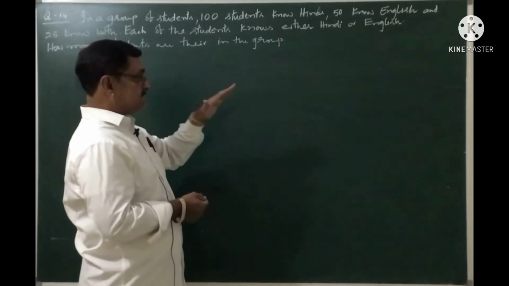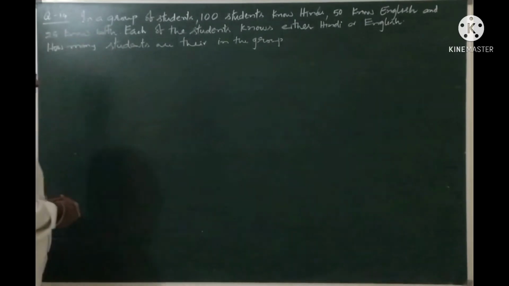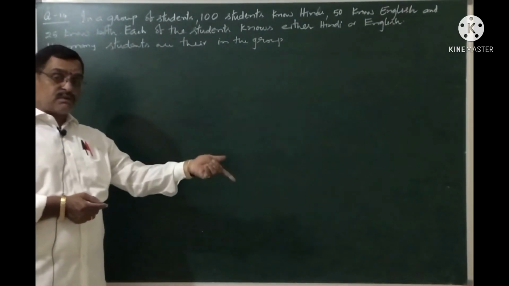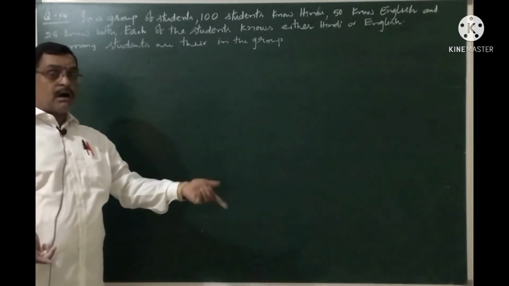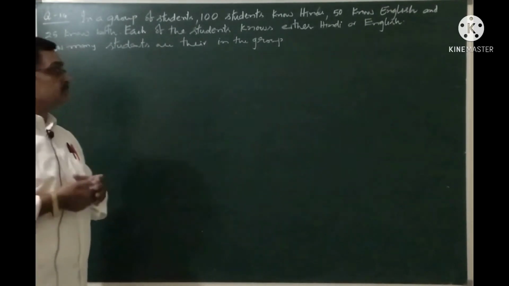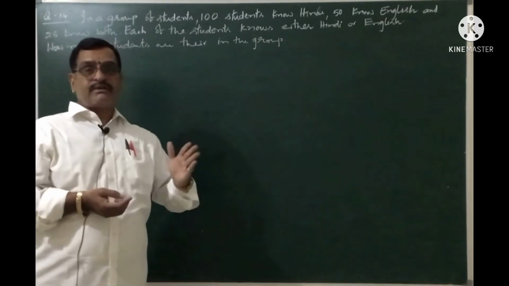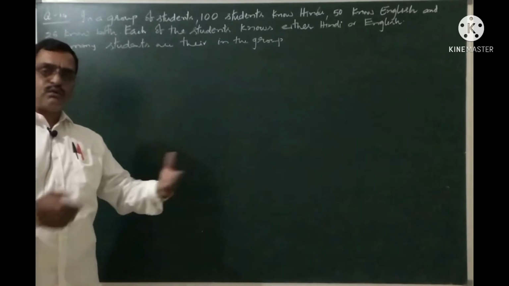Students who know either Hindi or English, that means a student belongs to either the Hindi group or the English group, or he belongs to both. How many students are there in the group? So you have to find how many students are there in total.